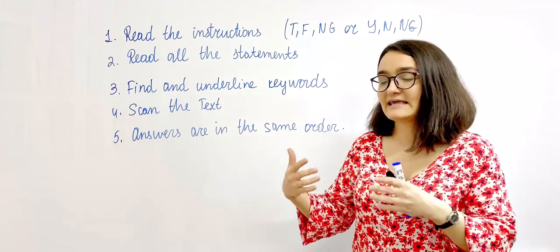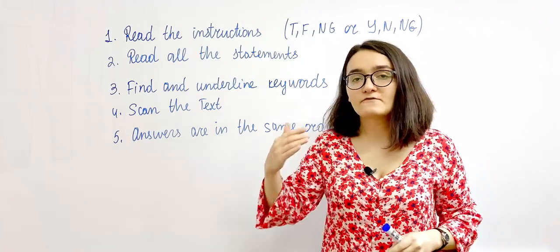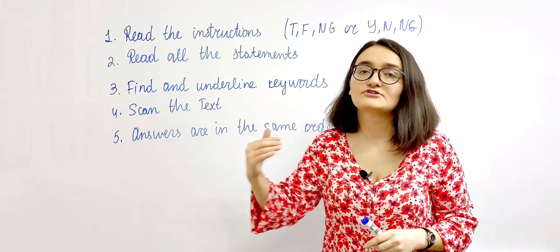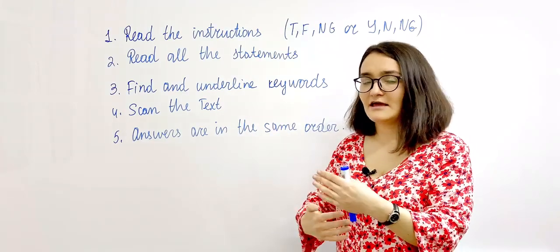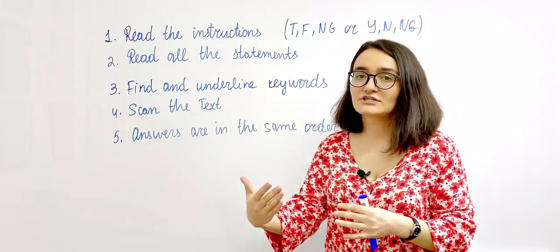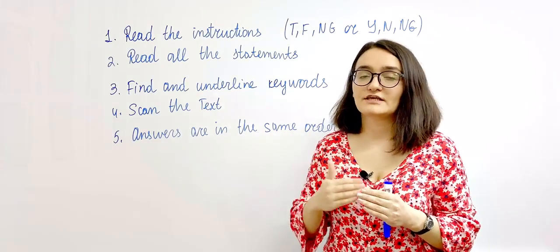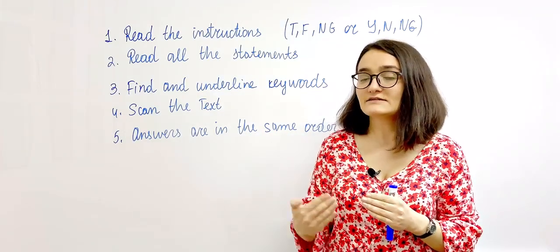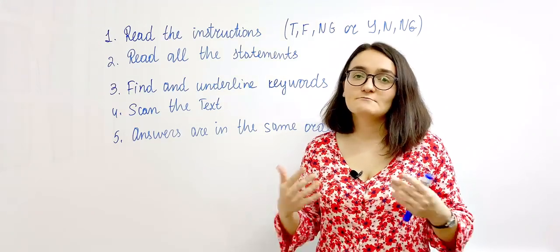How? Let's say, imagine in the real exam, I mean in the official exam, the first 5 questions are true, false, not given questions. And you just follow all the strategy and try to find the answer to the first question. And imagine the correct answer to the first question is true. But instead of true, if you just write yes, in this case, it is a mistake.